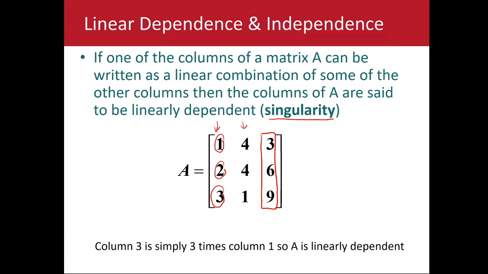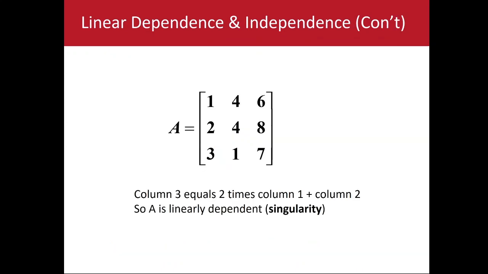For example, in regression, when we have two columns, or in other words, two variables that are too related or even linear combinations of another variable, then that creates problems, and we will see why. Another example: we have the same column number 1 and column number 2. Column number 3 doesn't seem to be exactly related to column number 1, but it is related to the two columns together.